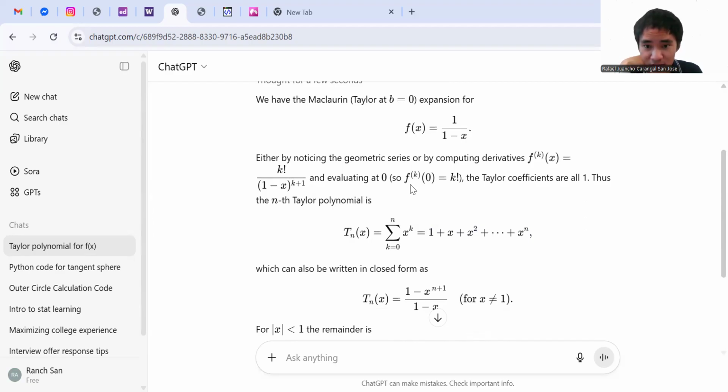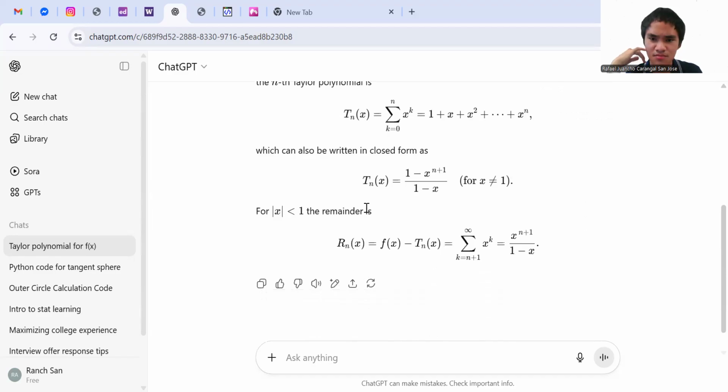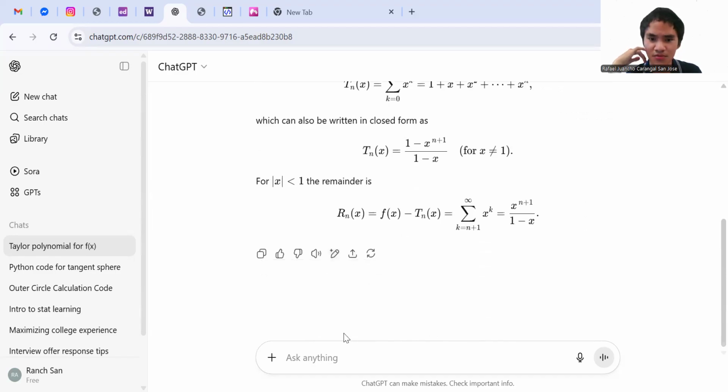Wow, it even did a... Wait, so first thing, I can't even see what I'm typing because of the chat thing. Wait a minute. I'm gonna move this. There we go.